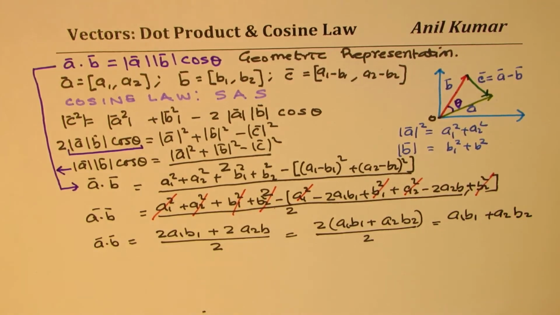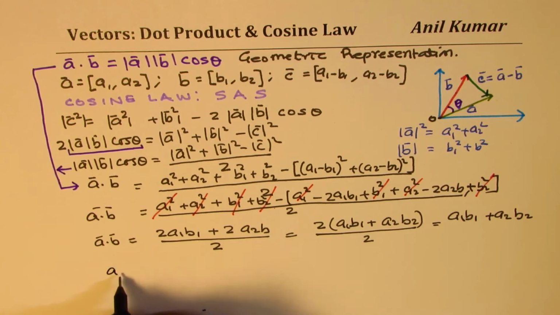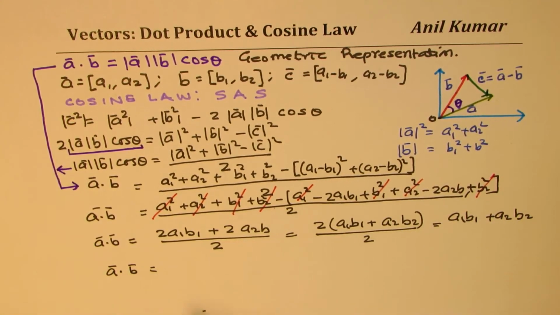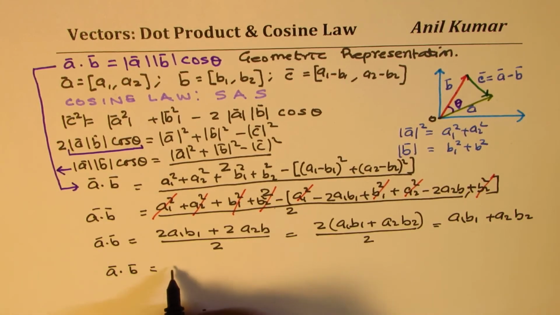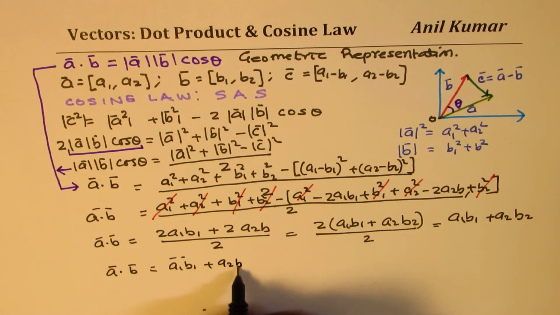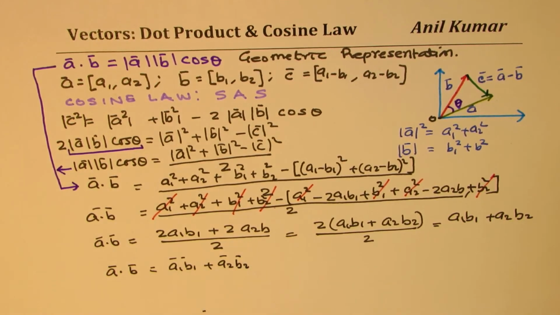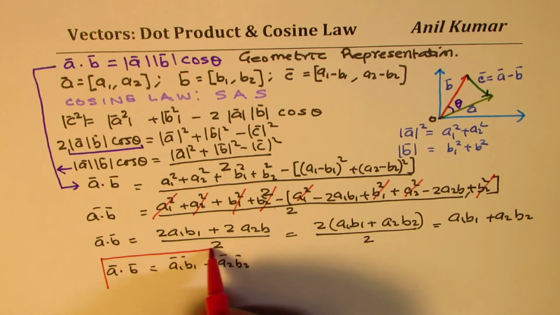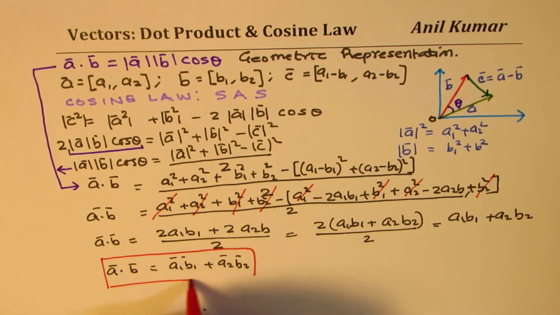It's a scalar quantity. Do you get the idea? So finally, we could now find the dot product using the coordinate points. So A dot B is basically equal to A1B1 plus A2B2. You get the idea. So that is how we could derive an expression for dot product when we are looking into a coordinate system.